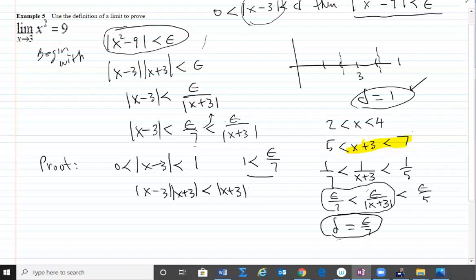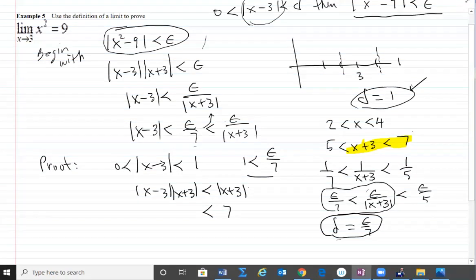Because delta is 1, that's the smaller of the two, we have x plus 3 is less than 7. So that means that this statement down here is less than 7. Okay, so we have |x squared minus 9| less than 7.